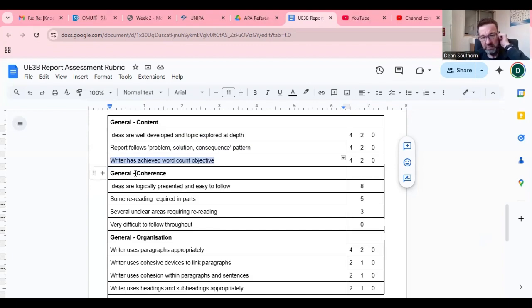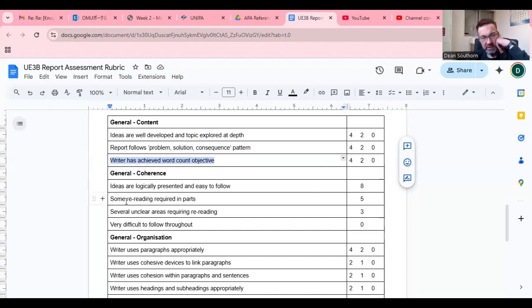Coherence. Coherence just means easy to understand, easy to follow. As a reader, you don't want to have to read things again to understand them. So this is done on a sliding scale of 8 to 0.